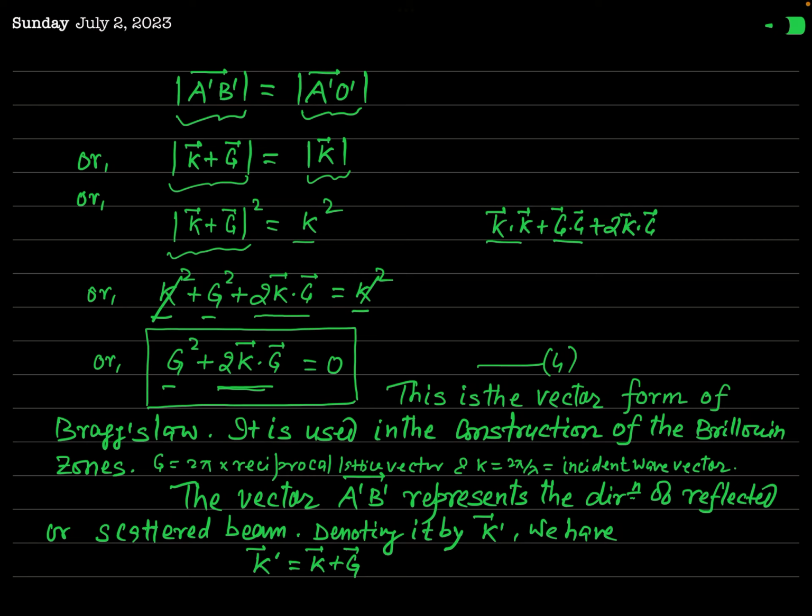So here you can see that G is actually equal to 2 pi times the reciprocal lattice vector, and K is 2 pi by lambda, and this is equal to the incident wave vector.